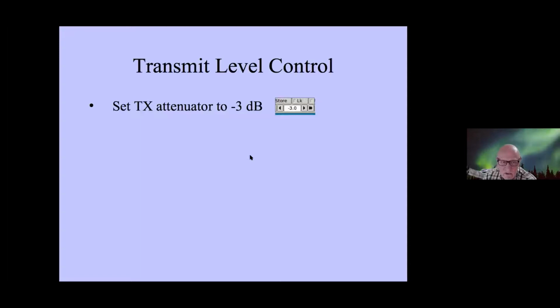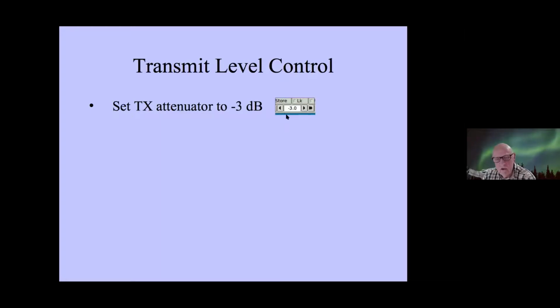Digital modes do not want to have any ALC at the transmitter, with possibly the exception of RTTY. Any ALC at all will equate to distortion in the transmitted signal, and a distorted signal is like having a noisy signal. It actually will reduce the ability to decode the signal rather than enhance it.